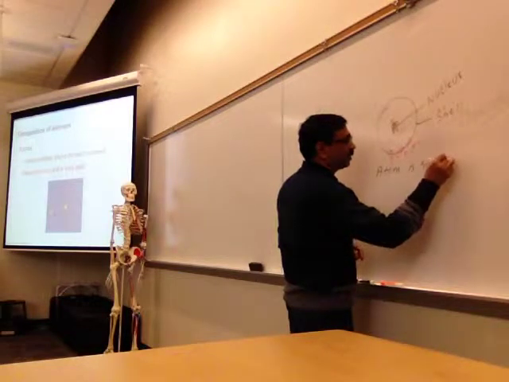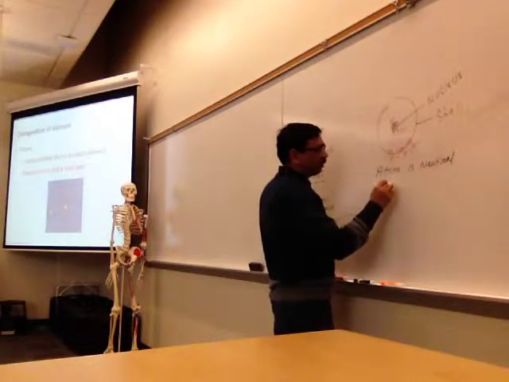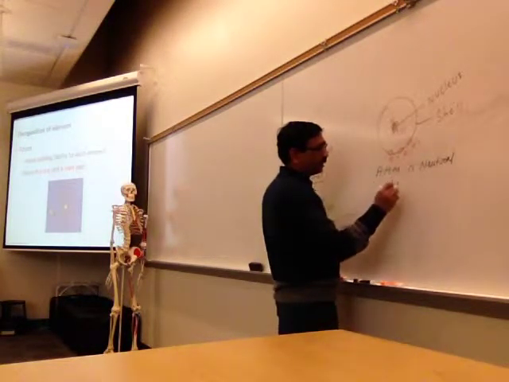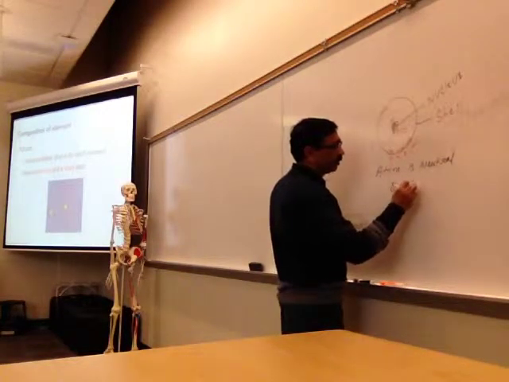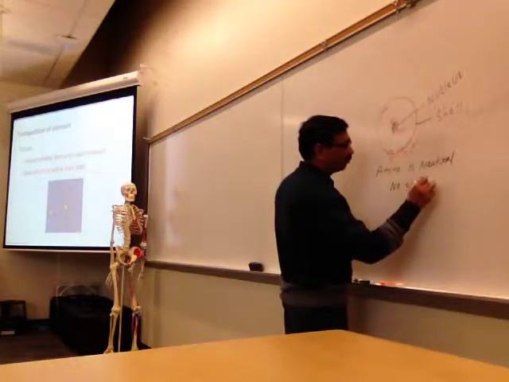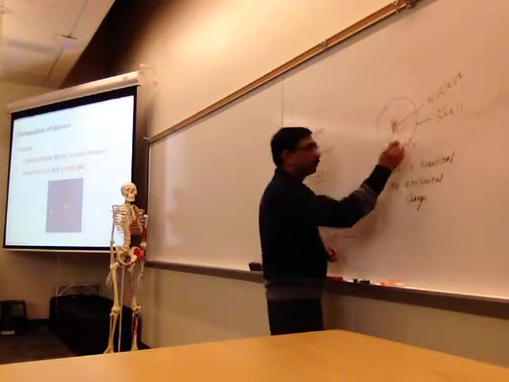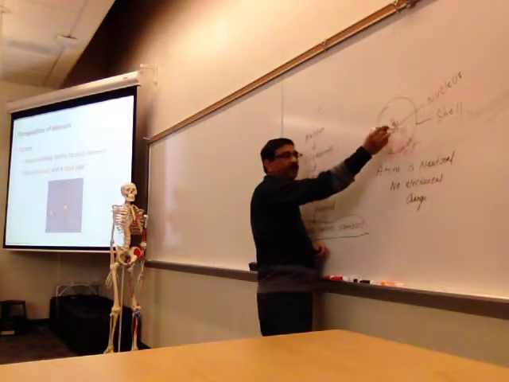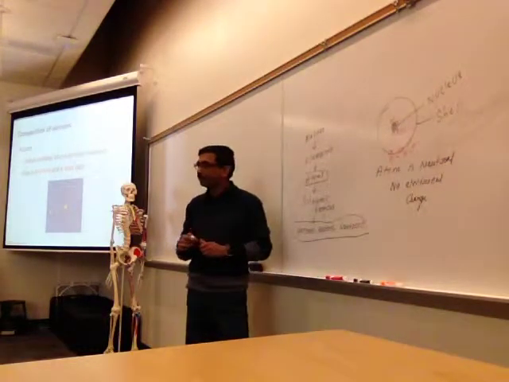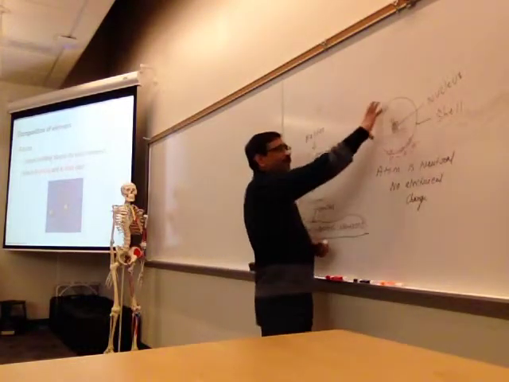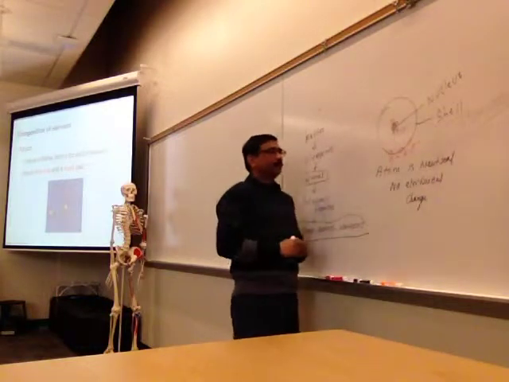Neutral means, in this case, it doesn't have any electrical charge, because it has an equal number of negative, that means electrons, and positive, protons. So this is an atom.